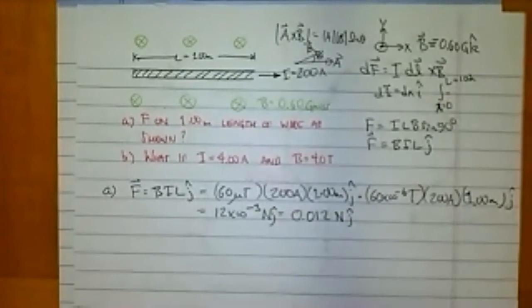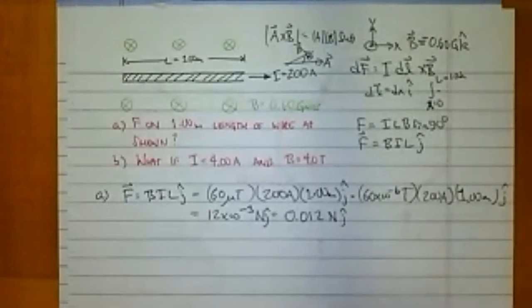And checking that with our calculator just to make sure, because I sometimes screw up my multiplication when I do it in my head: 60 times 10 to the negative 6 times 200 times 1 gives me 0.012. So I got that right.